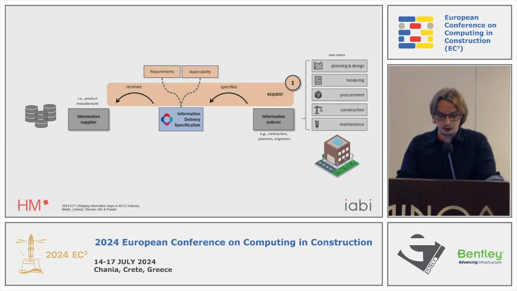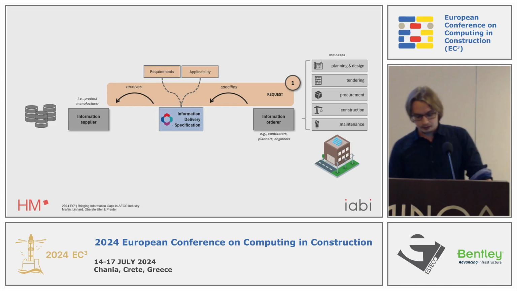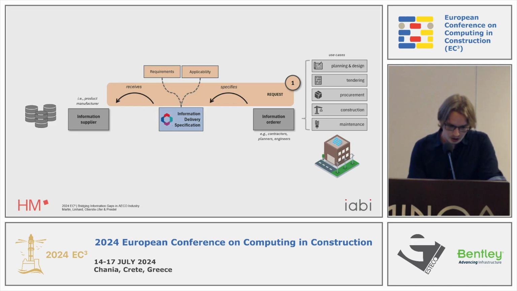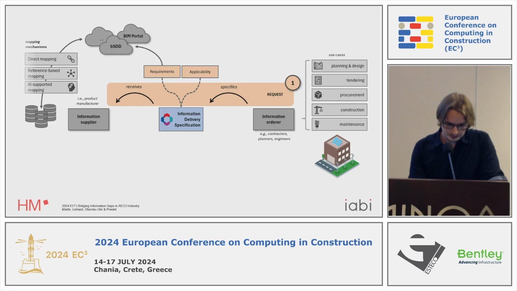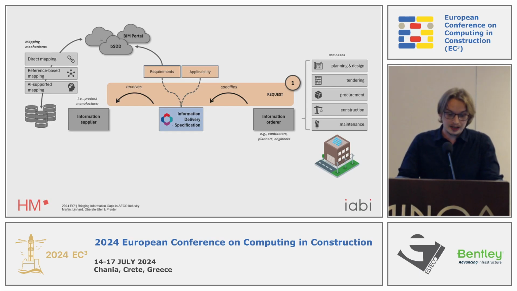basically creates a request, and the information orderer specifies the information delivery specification, and stored in the IDS there are requirements and the applicability, and the information supplier receives this kind of IDS file. The good thing is that these requirements can be used and accessed, for example, with BIM cloud services like the bsDD or BIM portal.